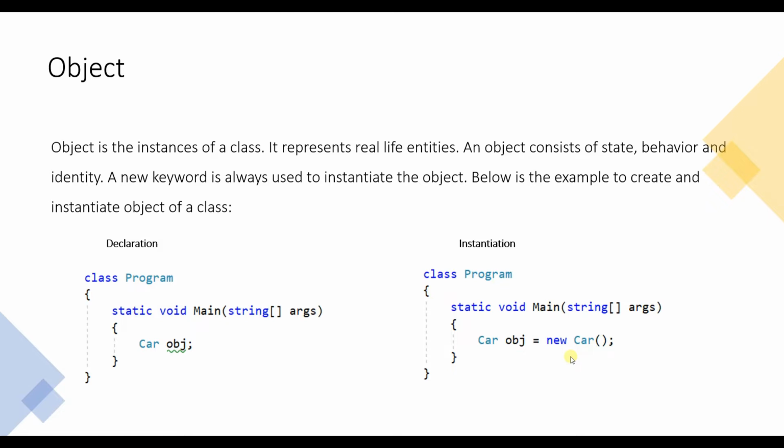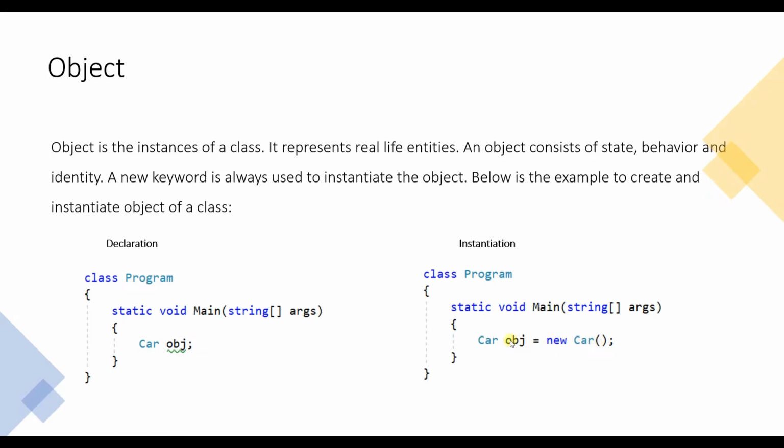A new keyword is always used to instantiate the object. Below is the example to create and instantiate the object of a class. So here you can see we are declaring the object of a class and the class is car actually. And at this side you can see we are instantiating the class object.